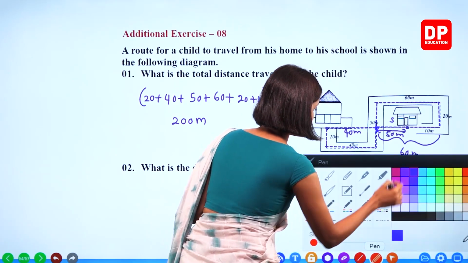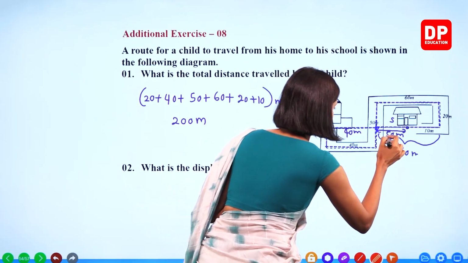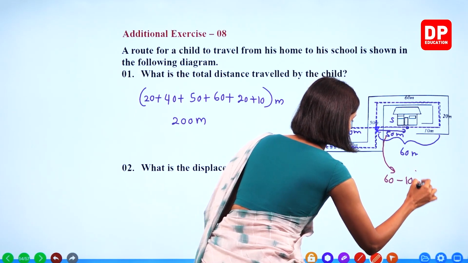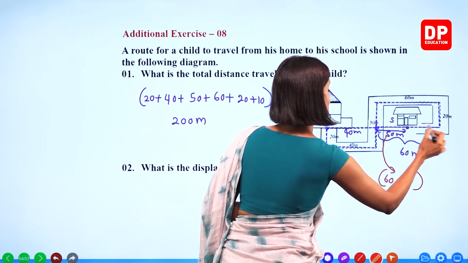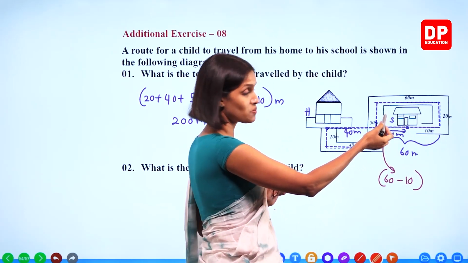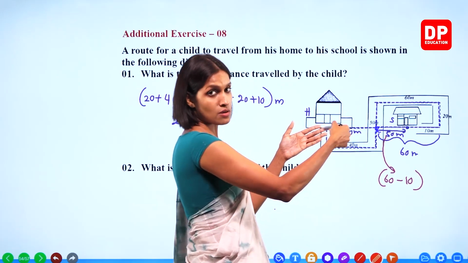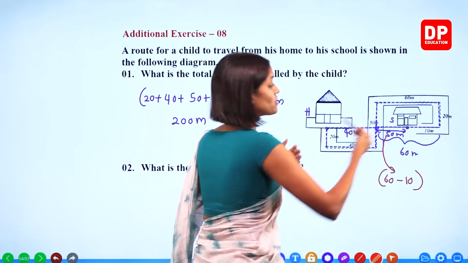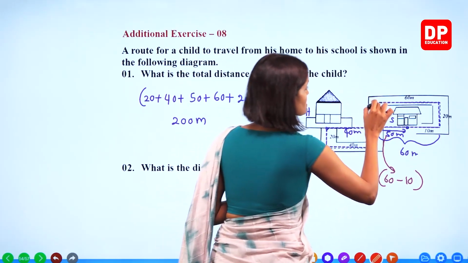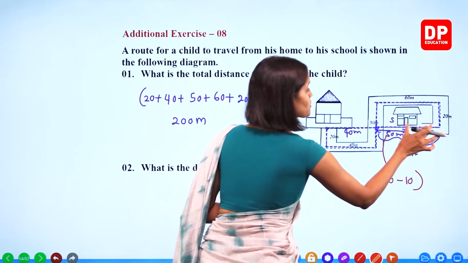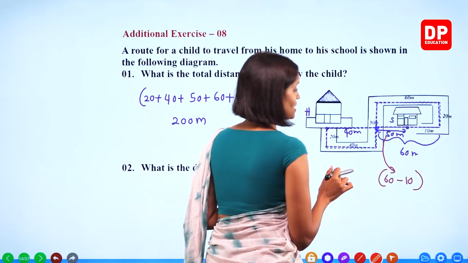Right, using a different color, I will show you how we got this 60 minus 10. Because this entire line is 60 meters. Why is that? Because this top line is 60 meters, because this is a side of a rectangle. One side is 60 meters means the other side also 60 meters. Right? Up to this part is given as 10 meters.